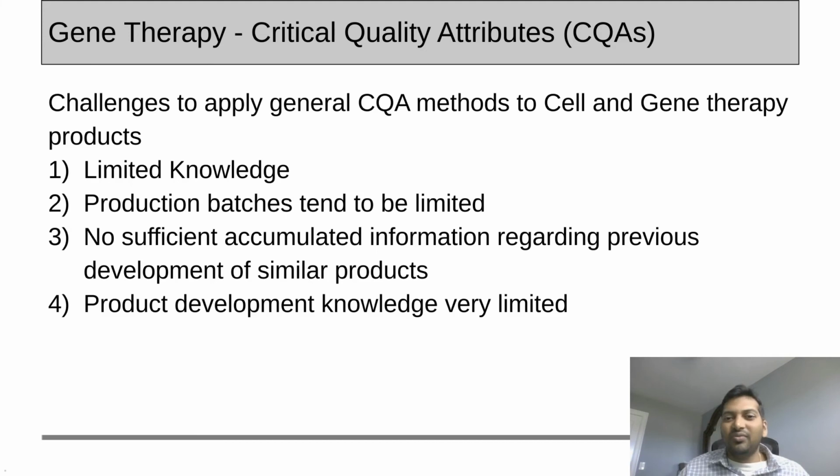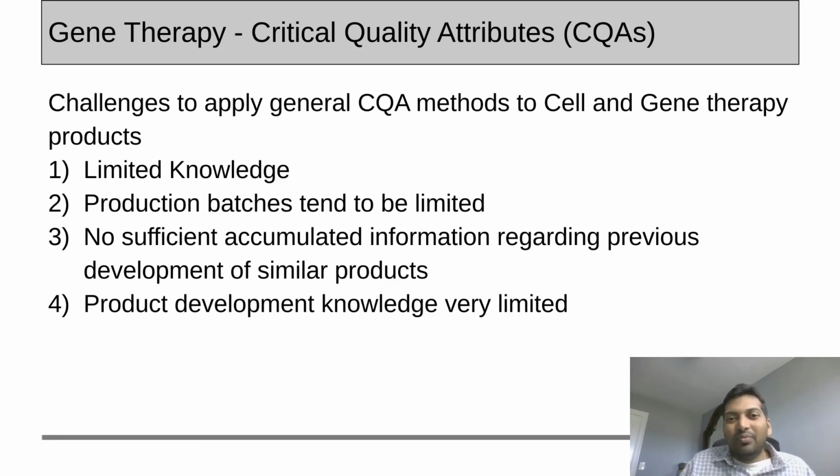We are still understanding how these are produced and what's the best way to get the right yields. And again, the knowledge is limited because production and manufacturing are still not really up to the scale we expected.